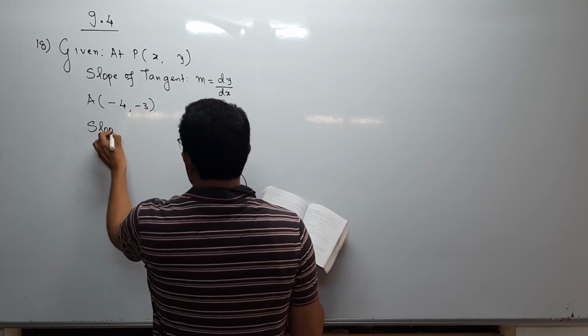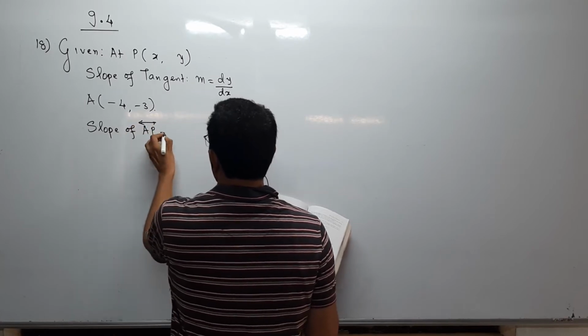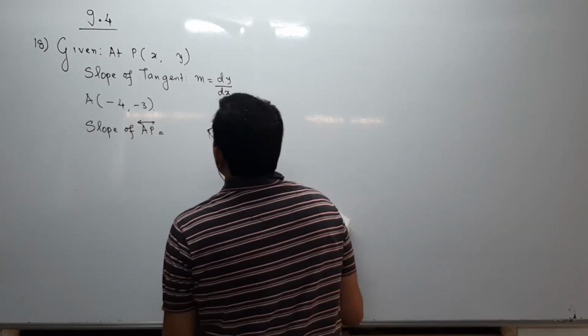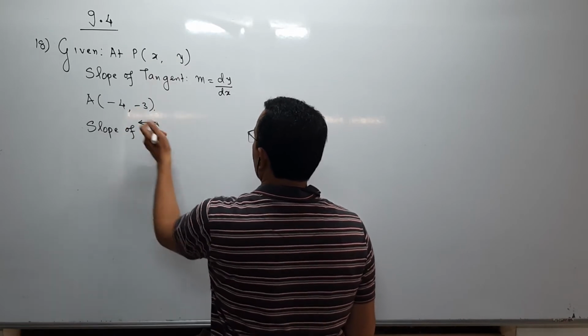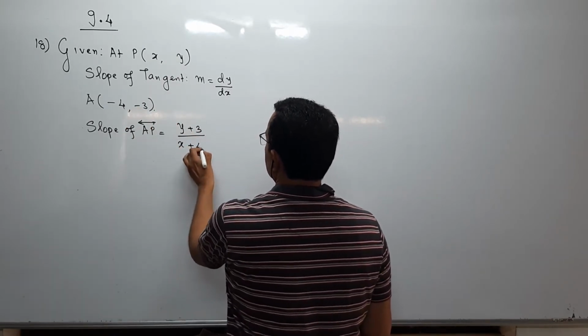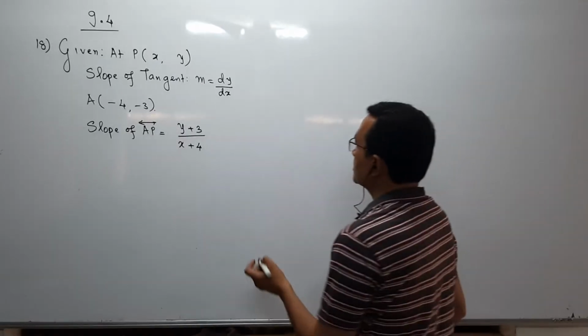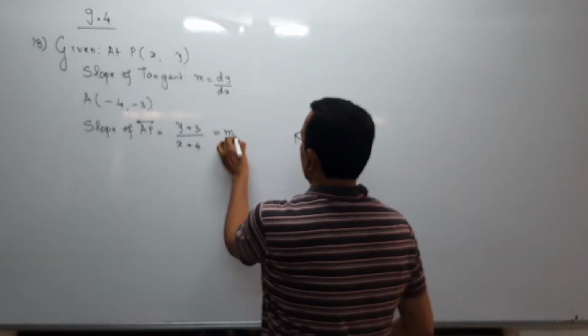Now, slope of line AP is equal to say y2 minus y1 upon x2 minus x1. Now, what is given? The slope of tangent is twice this slope. Let us call this as m1.